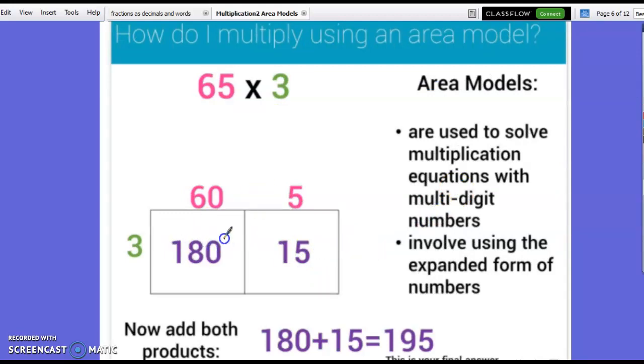So then you take your partial products and you add them together for your final step. So 65 times 3 is going to give you 60 times 3, which is 180, and 5 times 3, which is 15. When you add them up, your answer is 195 for the final answer.